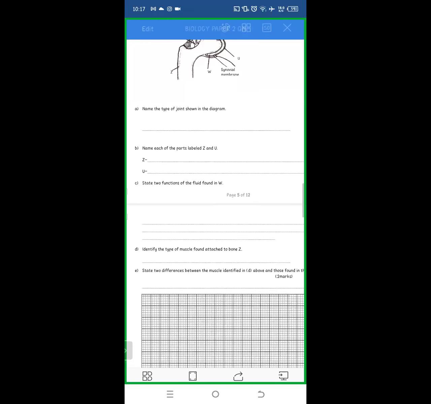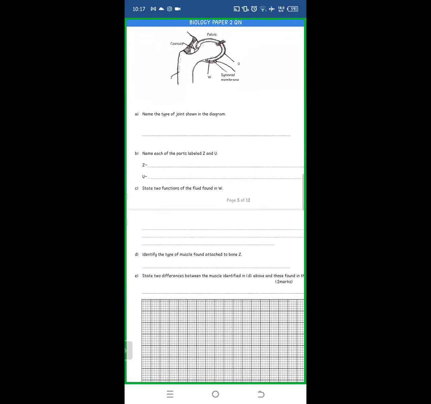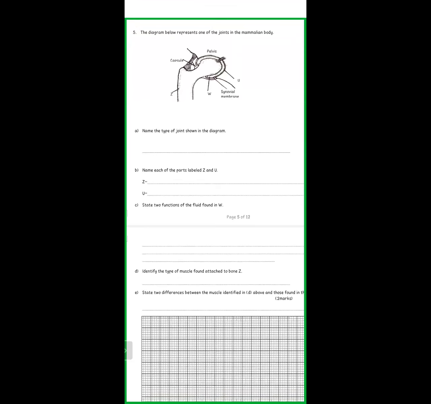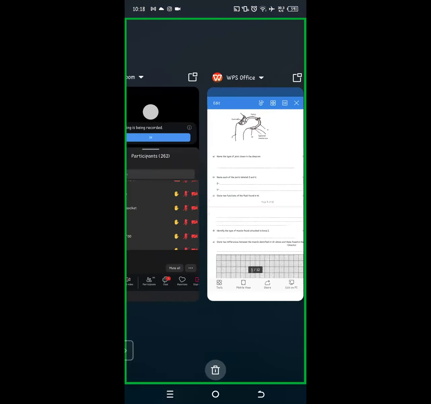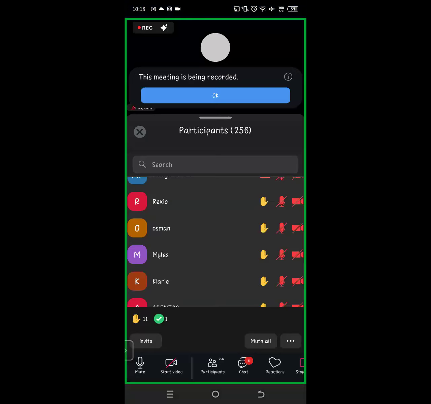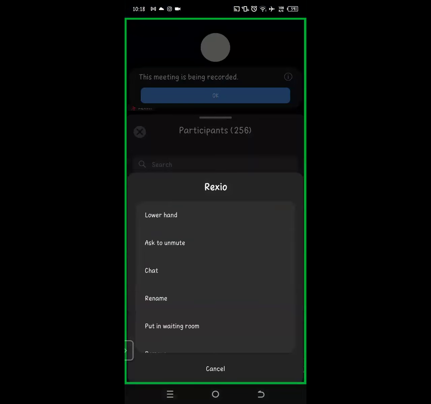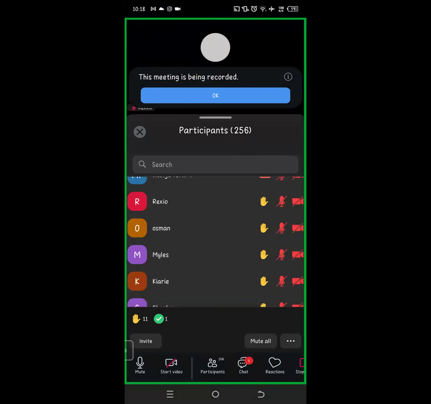Let's proceed. Name each of the parts labeled Z and U. So what would be part Z and what would be part U? Any responses for that? I can see Rexio. Rexio, you can unmute and speak.